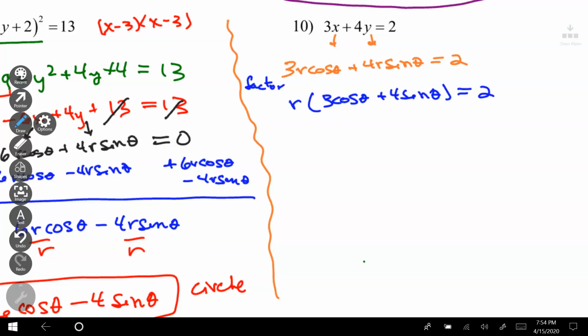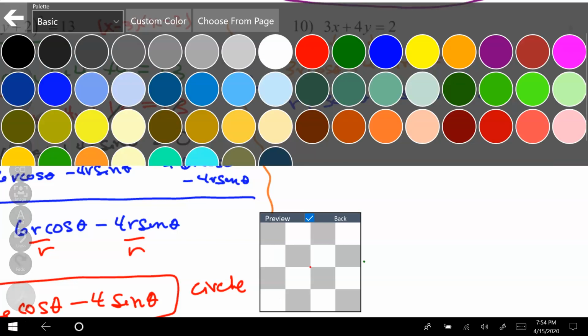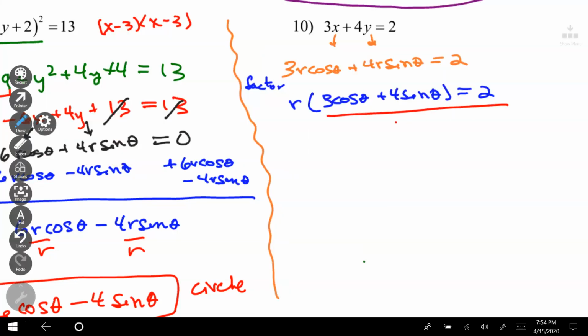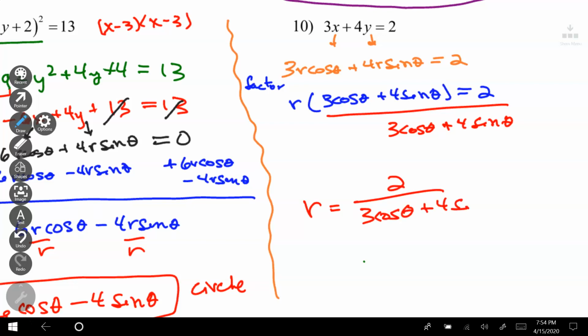I can't divide out r like I did at other times because I have a 2 on the other side. I could divide out by r when I have a 0 or things with r's in it, but I can't do it here. But now I can just divide out by 3 cosine theta plus 4 sine theta, and I get r equals 2 over 3 cosine theta plus 4 sine theta.